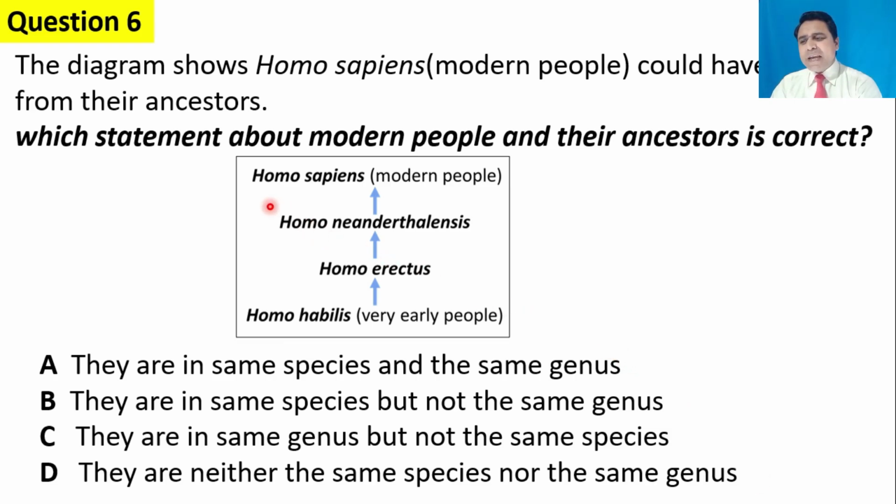A biological name consists of two parts. The first name is the genus name, which starts with a capital letter, and the second name is the species name, which starts with a small letter. So this is the genus name, Homo, Homo, Homo. These four have the same genus. And this is the species name, habilis, erectus.